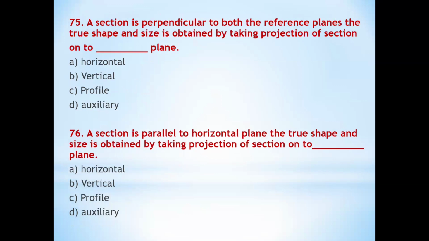Okay, 75. A section plane is perpendicular to both the reference planes. Then the true shape and size is obtained by taking the projection of the section on dash dash plane. Now one thing is clear there. Suppose I take the example of a cylinder, and we are going to cut it.